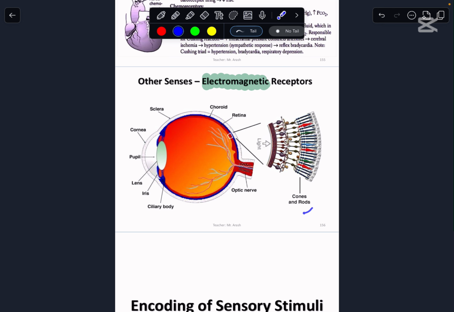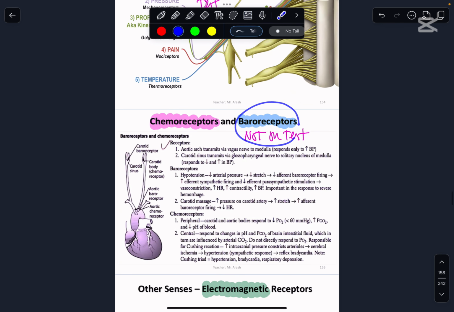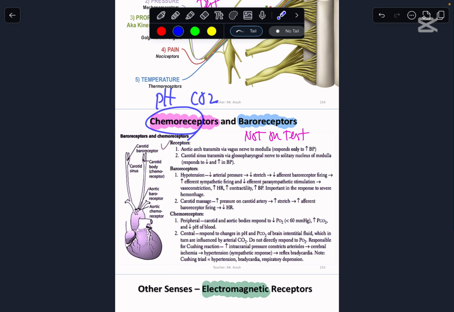Those for your eyes are your cones and rods, by the way. Those are your electromagnetic receptors. A baroreceptor is a specialized cell that turns pressure into electric signal, action potential. A chemoreceptor is a nervous tissue cell that turns changes in chemistry, in this case pH, carbon dioxide concentration, and so on and so forth, into electrical activity, action potential.